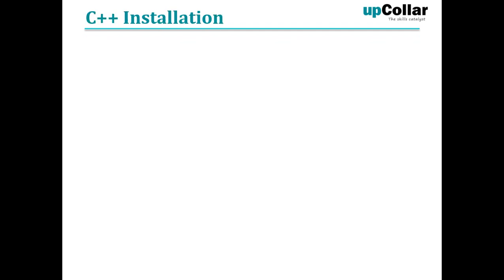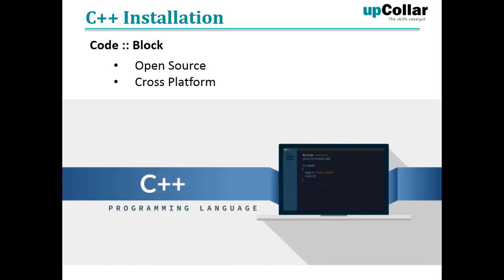Let me help you with the installation process of Code Blocks, which we will be using to create the source file, build and run the same. Code Blocks is a free C, C++ and Fortran IDE built to meet the most demanding needs of its users. It is designed to be very extensible and fully configurable. So let's move ahead and see the installation process.